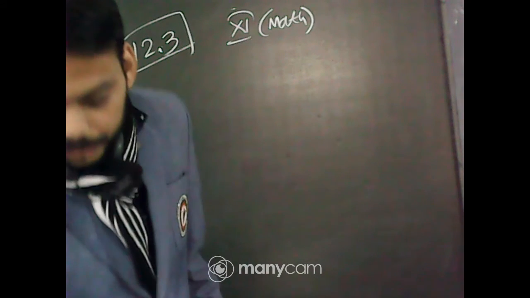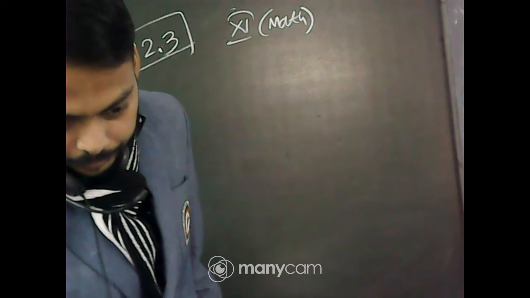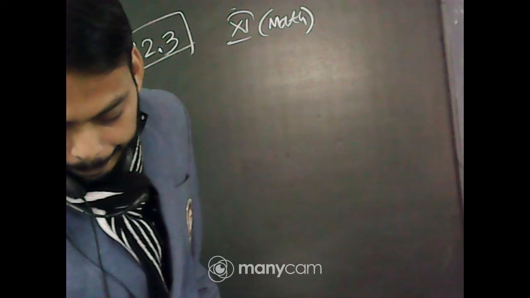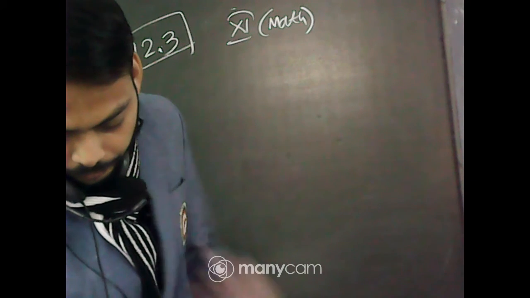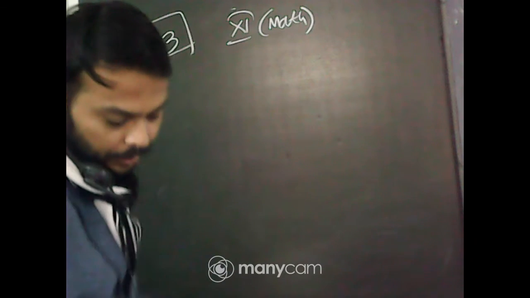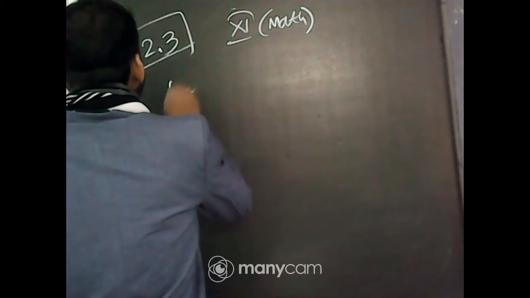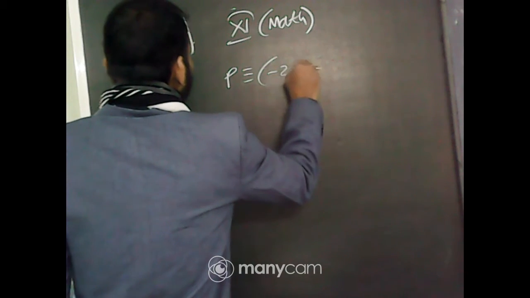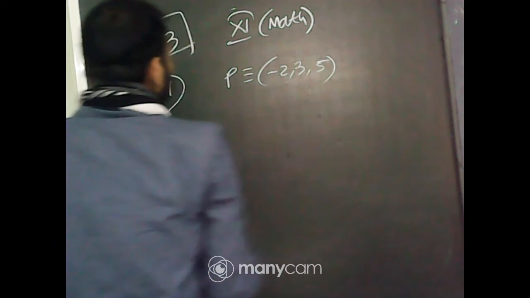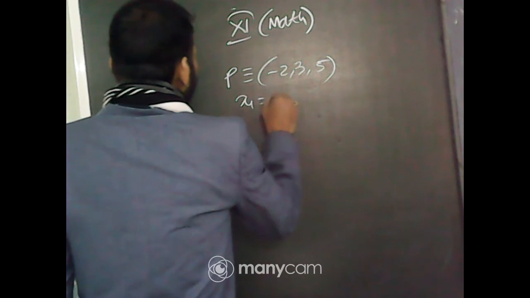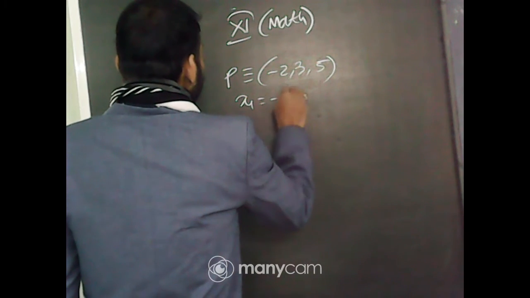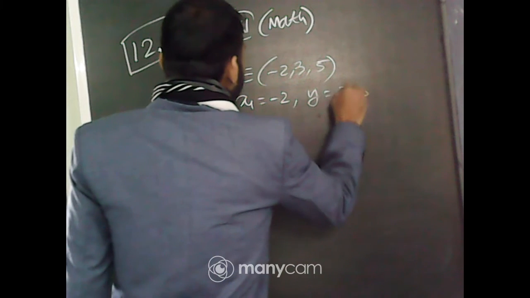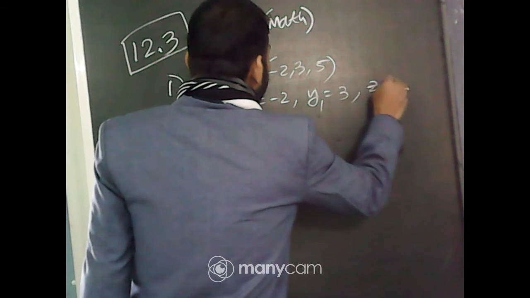Okay. So here P, that is minus 2, 3, 5. That means x1 is minus 2, y1 is 3 and z1 is 5.